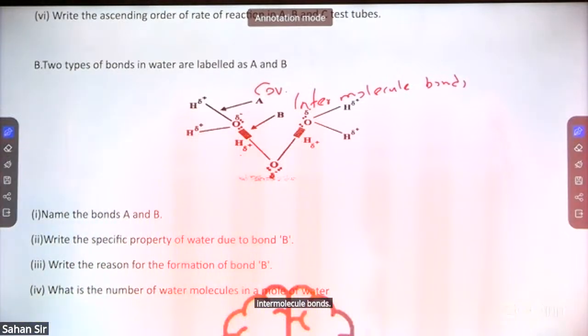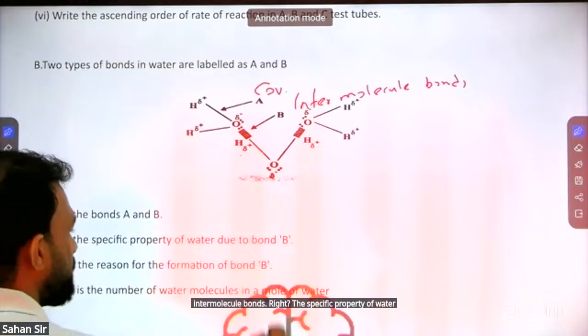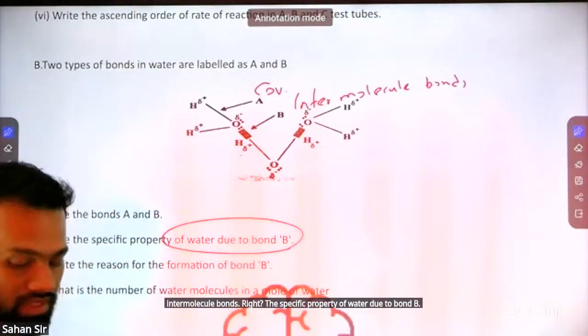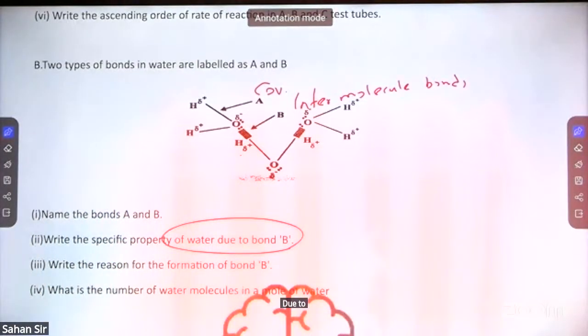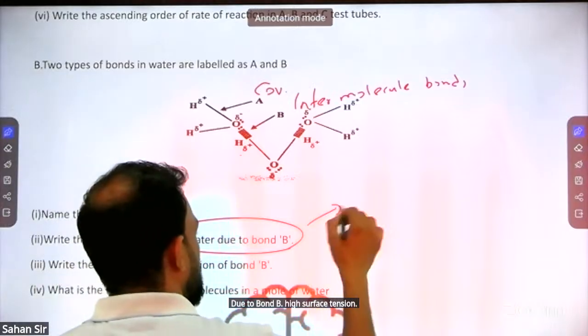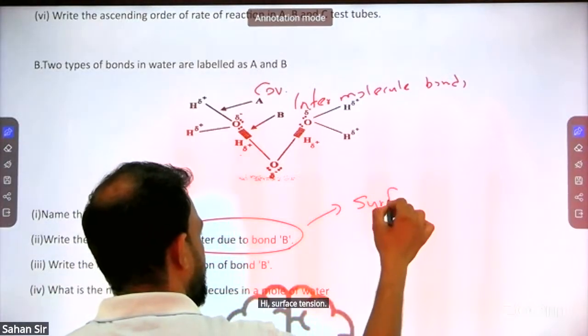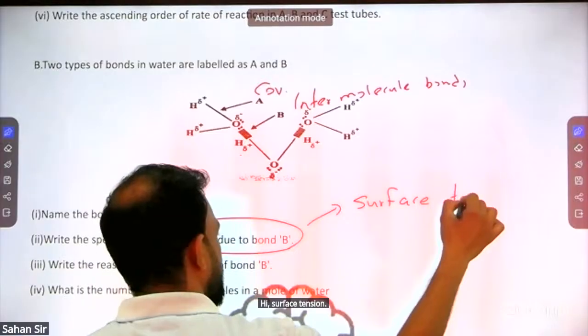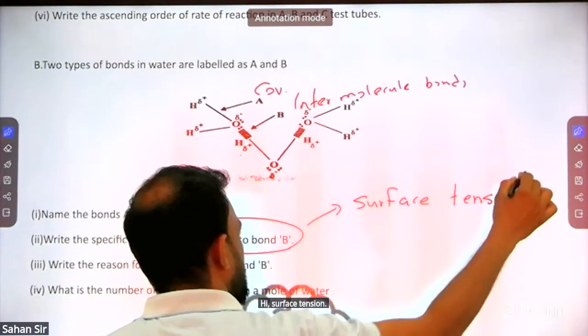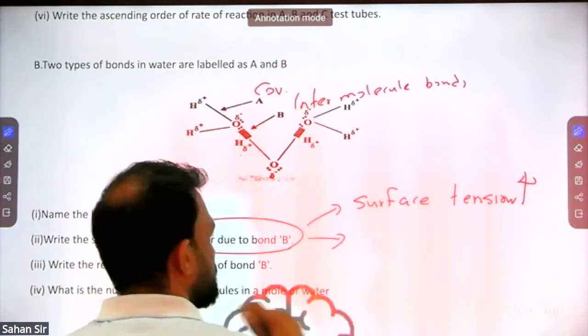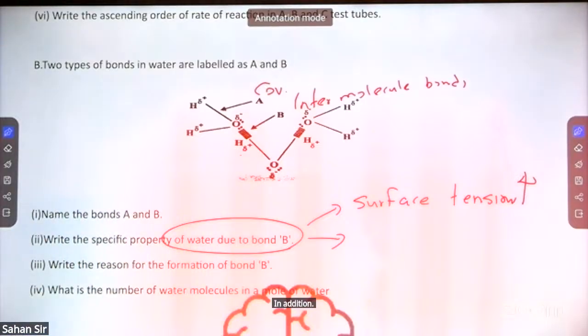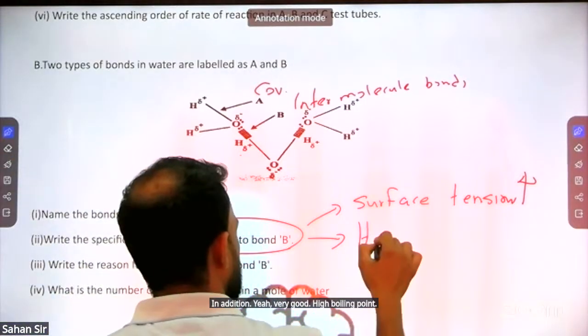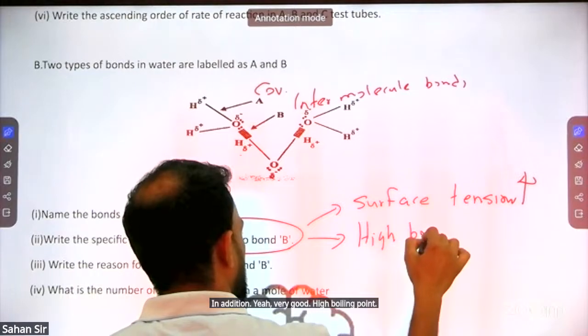Write the specific properties of water due to bond B. High surface tension. In addition, yeah, very good, high boiling point.